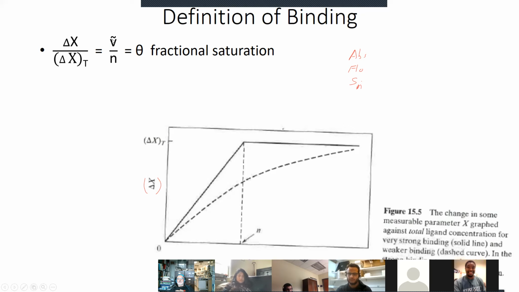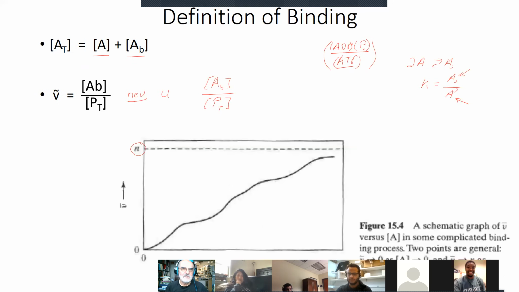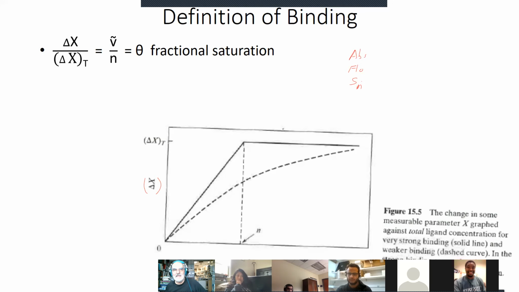Delta nu gives you the magnitude of how much is bound per protein. That's this expression. And then N is the total number of sites, the maximum number. And so that ends up being a theta term that we can express as a fractional saturation.